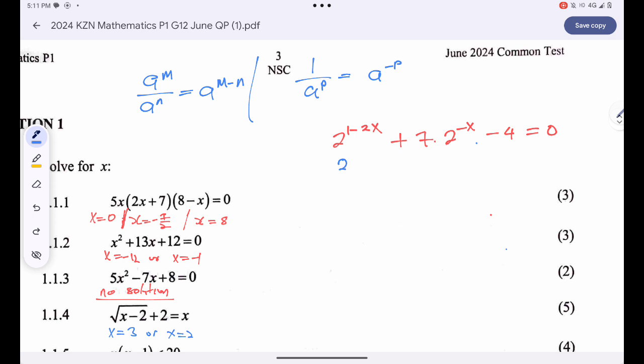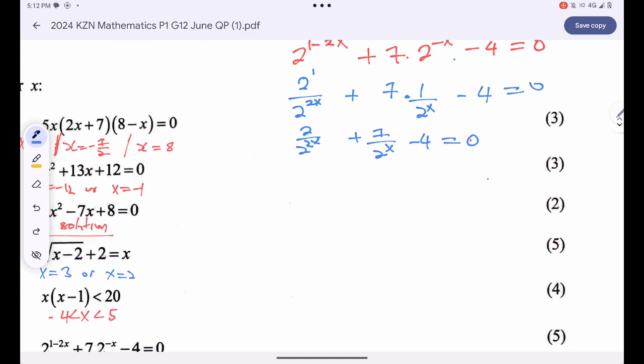So I'll simply have 2 to the power 1 divided by 2 to the power 2x, plus I have 7 multiplied by 1 all over 2 to the x, minus 4 is equal to 0. And then this thing can be written as 2 all over 2 to the power 2x plus 7 over 2 to the x minus 4 is just equal to 0. Yeah?